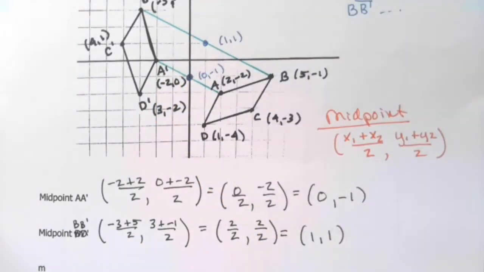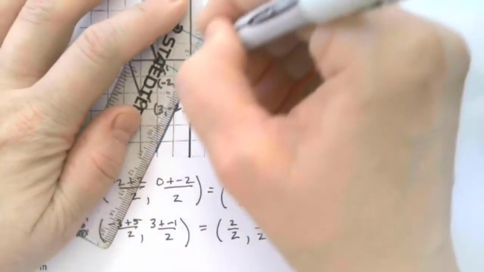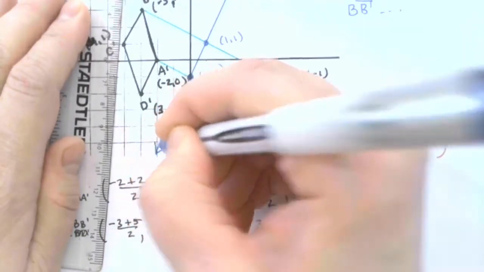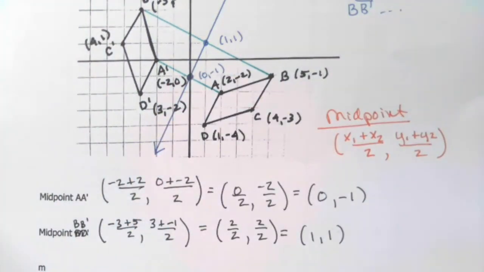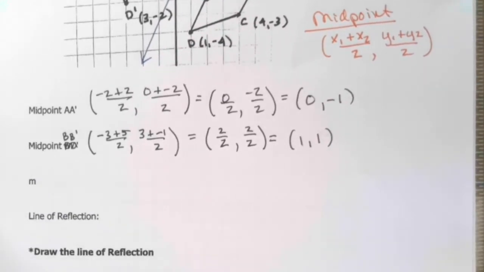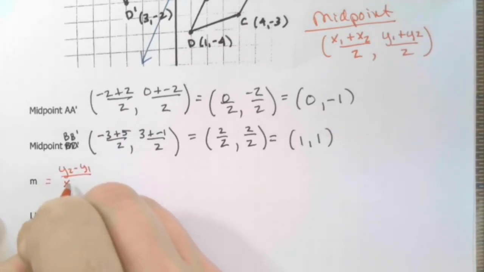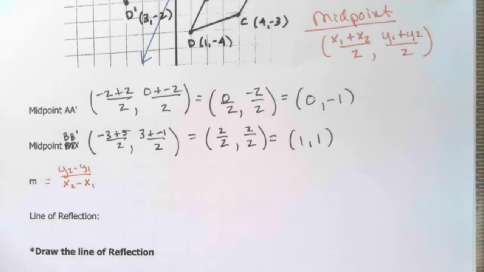So our line of reflection is the line that passes through those 2 points. That is our line of reflection. So what we need to do is find the equation of that line now that we know 2 points that it passes through. Okay, so for starters, we need to do the slope of the line. So remember your slope formula, y sub 2 minus y sub 1 over x sub 2 minus x sub 1.